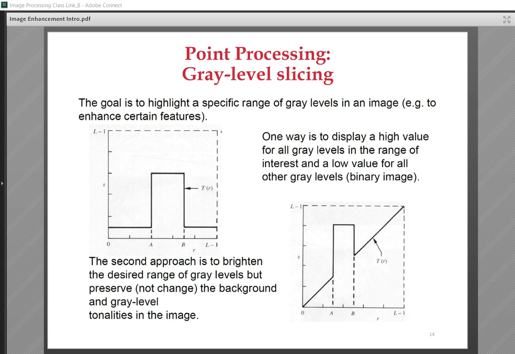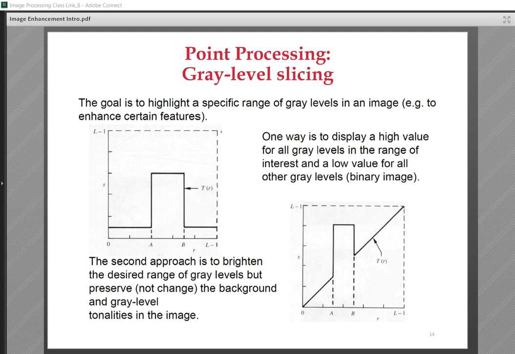All of the others are unchanged. These are changed. Between A and B we have more brightness, and between these items we have more darkness, fixed darkness, darker and brighter, but fixed.